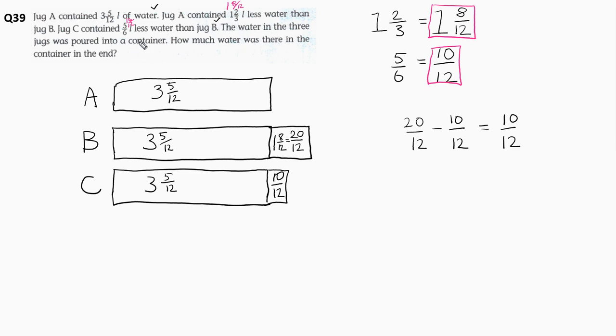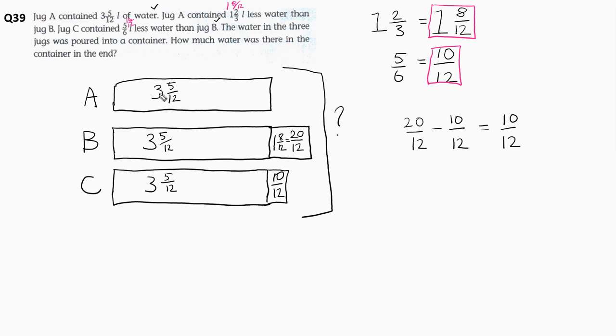Now it says the water in the 3 jugs is poured into a container. How much water was there in the container? So we have to add all of this together. So our question is, what's all of this all together? So we need to add everything up.